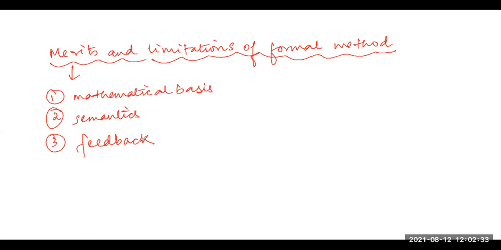If the feedback is good, I can complete my entire system. And if the feedback is not good, I will not go for the further processing of that system. So these are the merits of why formal methods are there.